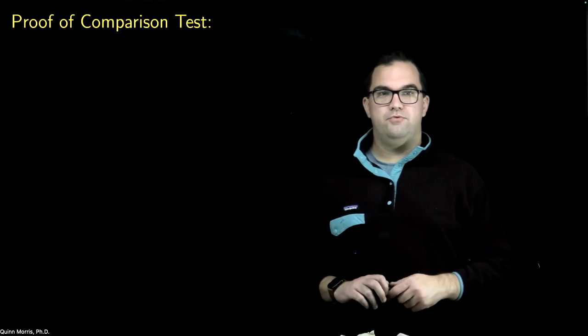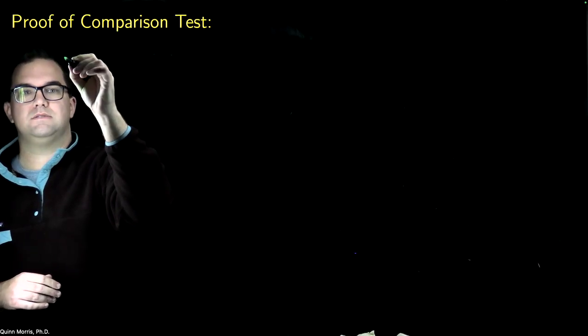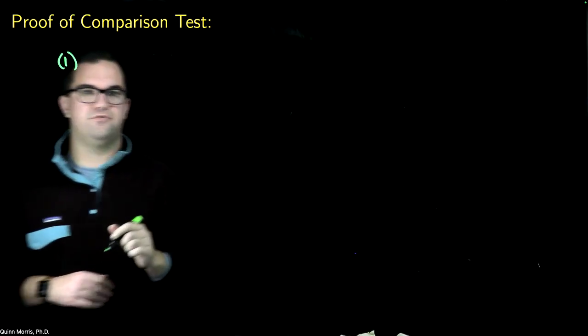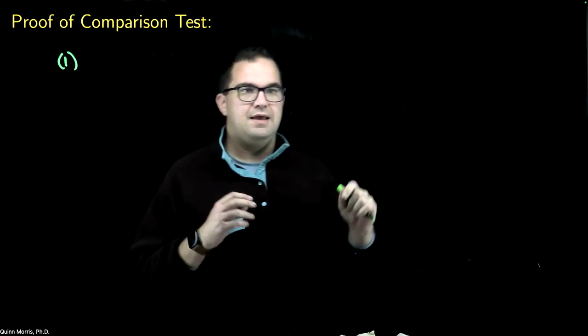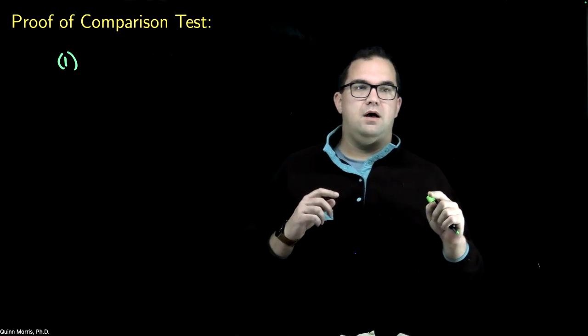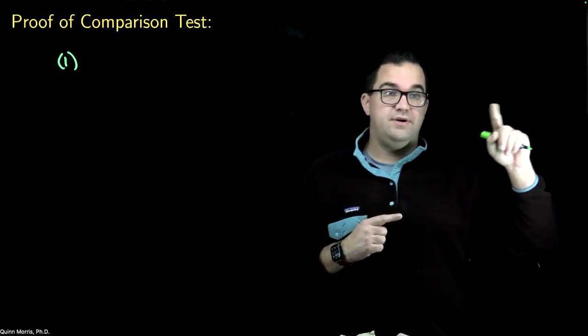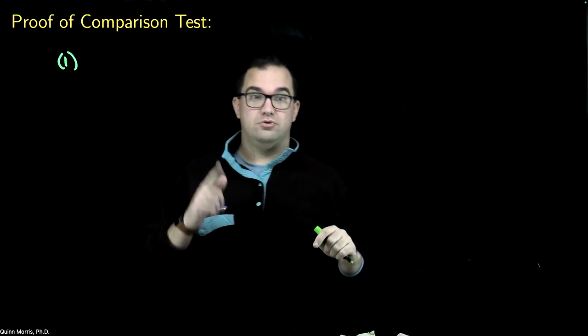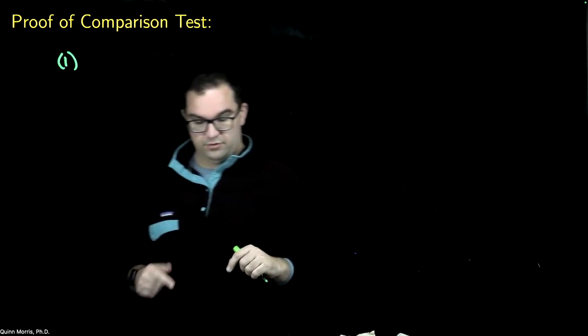So let's begin our proof of the convergence theorem. We'll start with the first case. Remember this first case is essentially that if the larger series converges, then the smaller series must also converge.